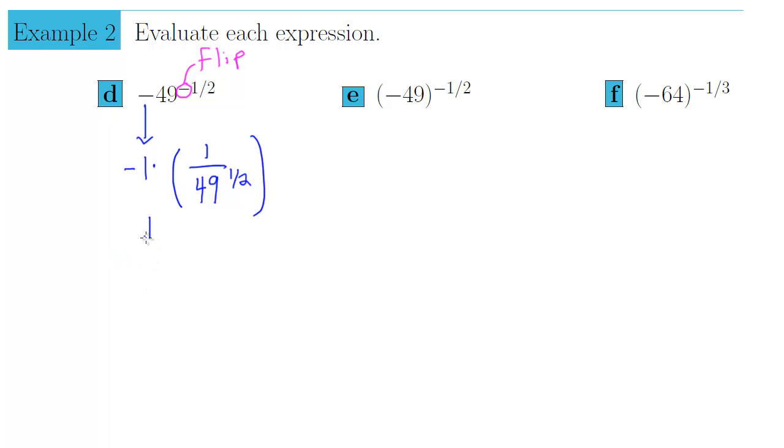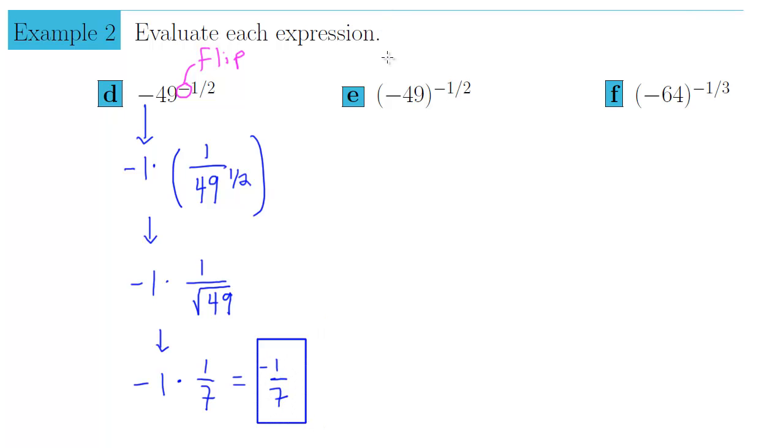Okay, so then I still have this -1 multiplication that's going to change my result to a negative, but now I have to use my fraction exponent definition and make this 1 over the 1/2 power, which is the same as the square root. So ultimately I get -1 times 1 over root 49, which is 1 over 7, which means I just have -1/7 as my final result here.